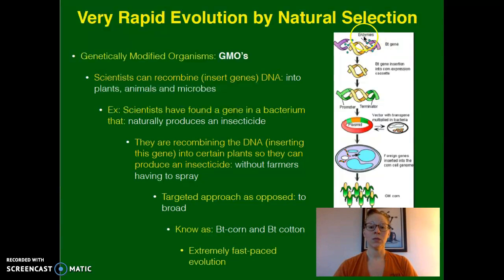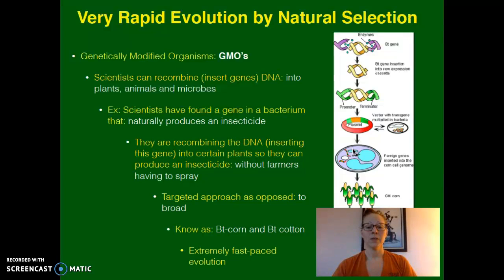And what scientists do is take that gene out, and if this is the genetic material, they insert it into the DNA of a corn plant. And so now the corn plant is able to resist insecticide.